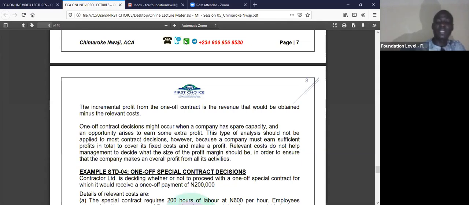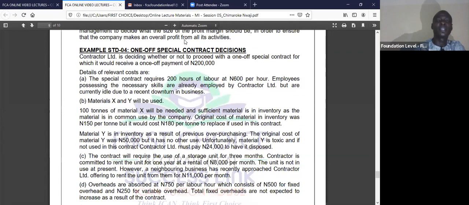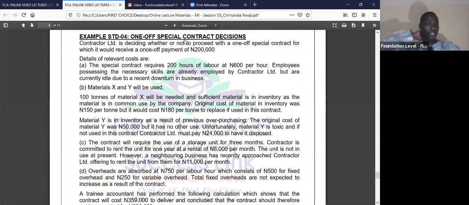Look at STD04. It says here, Contractor Limited is deciding whether or not to proceed with a one-off special contract for which it will receive a one-off payment of 200,000 naira. So the customer has offered 200,000. Now look at the details of the job.